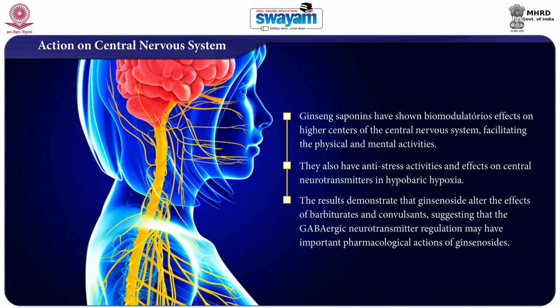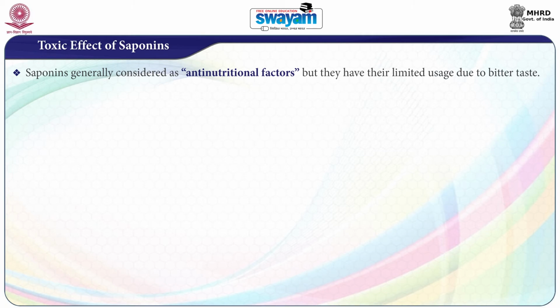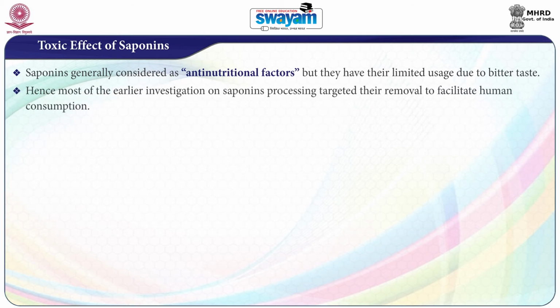Let us now understand the toxic effect of saponins. Saponins are generally considered an anti-nutritional factor, but they have limited usage due to bitter taste. Hence, most of the earlier investigation on saponin processing targeted their removal to facilitate human consumption.